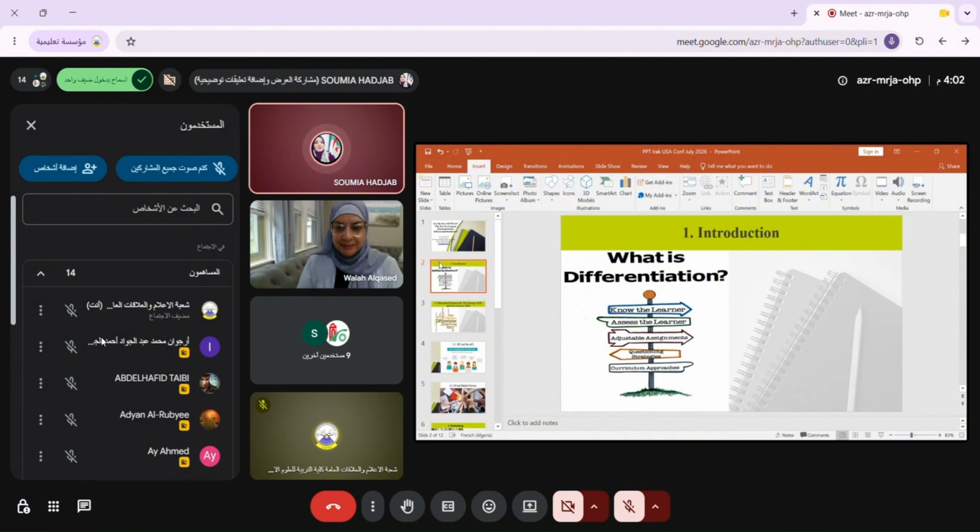The traditional one size fits all model of instruction, rooted in the industrial era, is increasingly inadequate for fostering the skills necessary for modern global citizenship and a competitive workforce. Skills such as critical thinking, collaboration, communication, and creativity, collectively known as the four C's, along with digital literacy, have become essential outcomes of effective education.